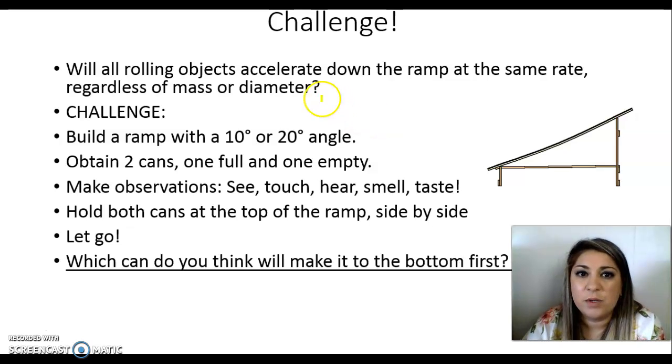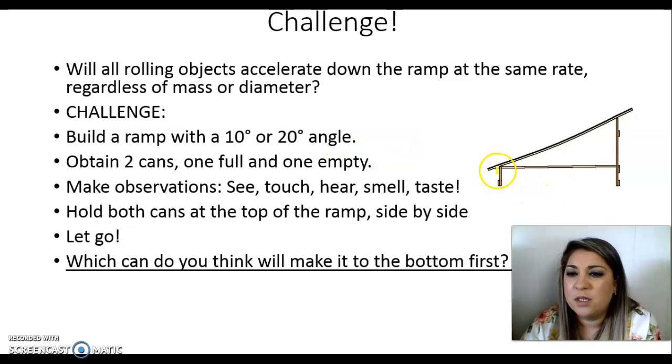So that's our diameter. Your challenge is to build a ramp with a 10 or 20-degree angle. It doesn't have to be perfect, just something kind of like what I have here. This angle here is probably around a 20 or 30-degree angle, I would say. So just build something kind of similar to this.